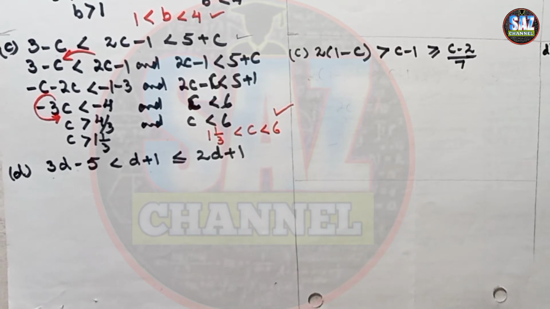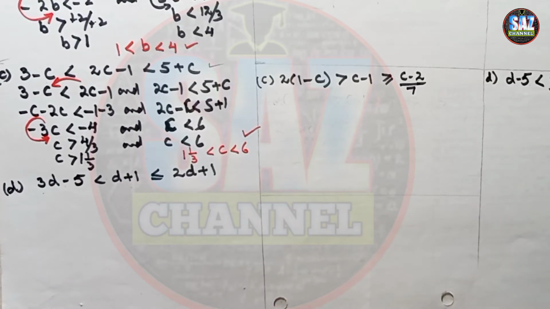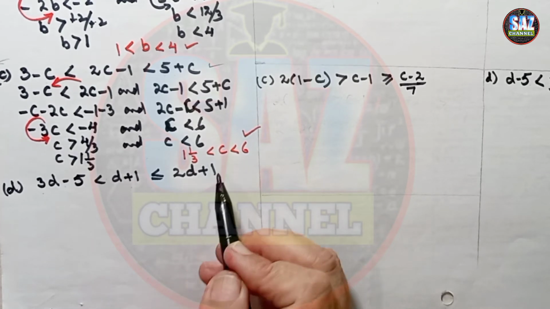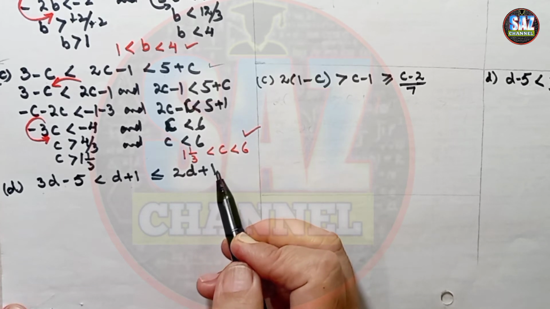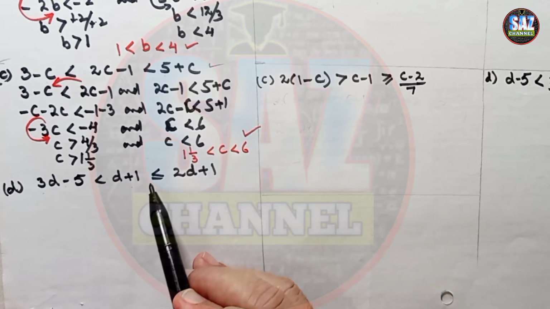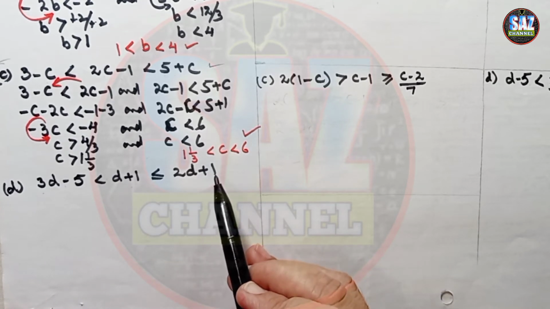Let's move to the next question. The next question is 3d minus 5 is less than d plus 1 is less than or equal to 2d plus 1.